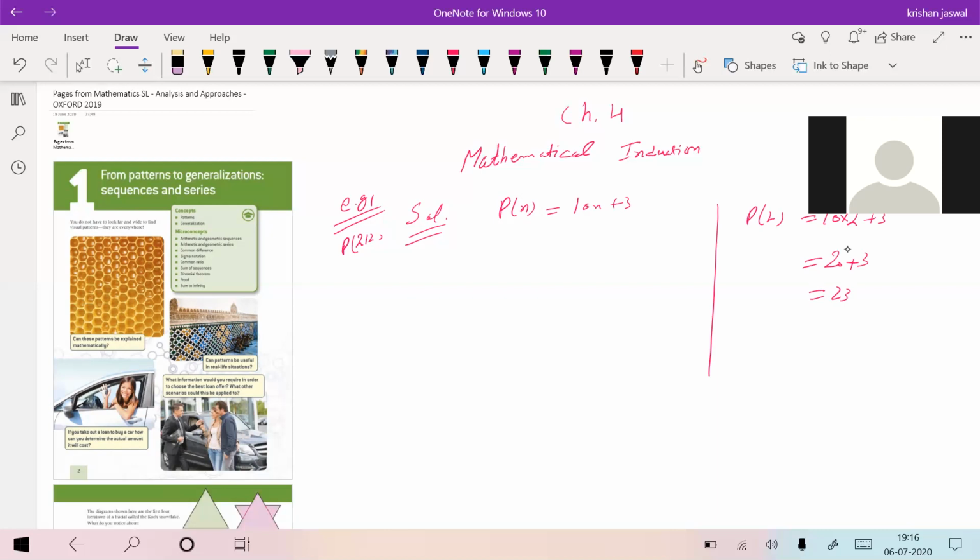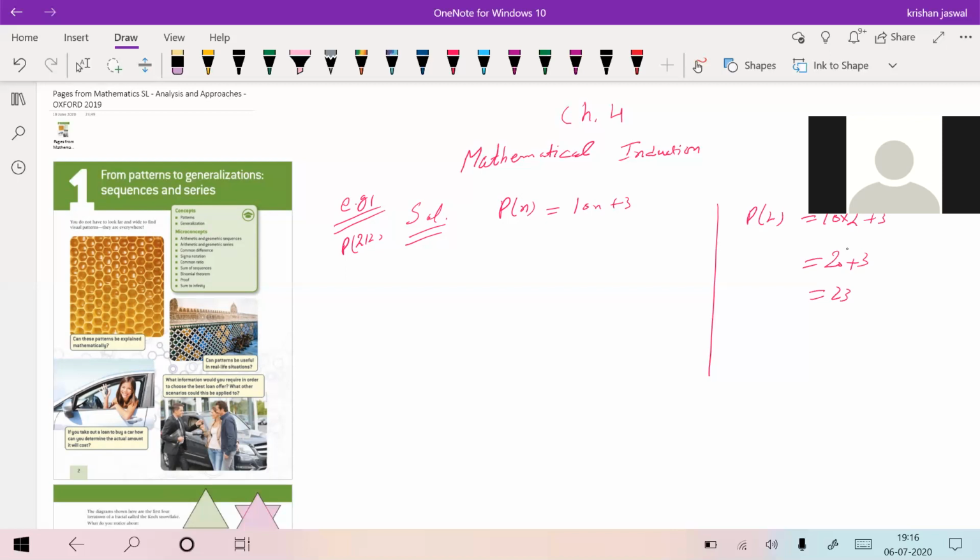A prime number has only one factor, which exists only in its own table. So 23 is a prime number.